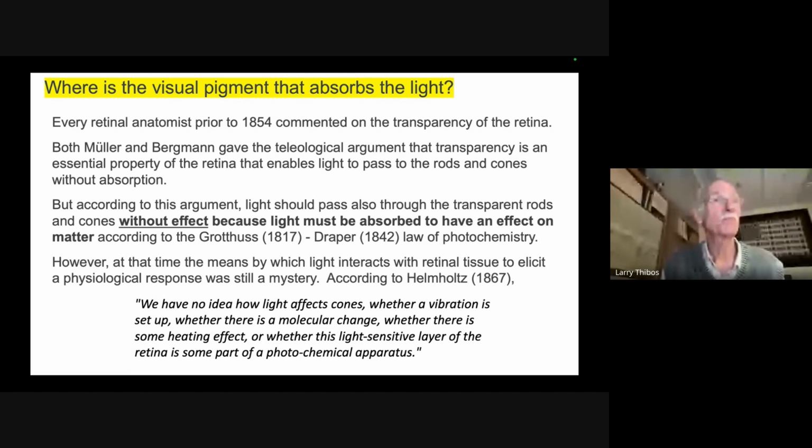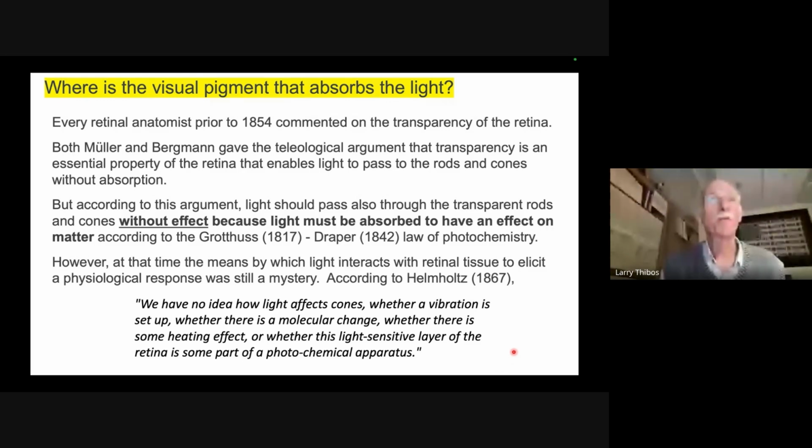But according to that argument, light should pass through the transparent rods and cones as well, without any effect. And that is an important argument because it was already known, the law of photochemistry established by Grotthuss and Draper, that light must be absorbed to have an effect on matter.